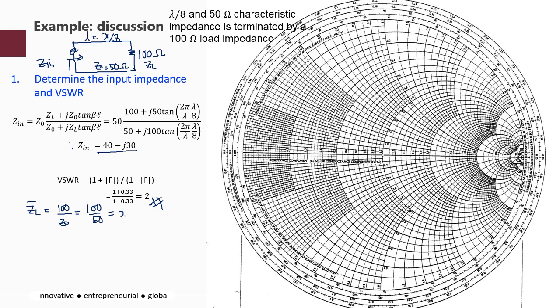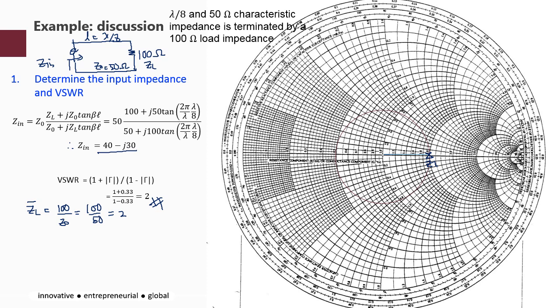Then plot the ZL on the chart. Your ZL equals 2, and there's no imaginary part, so it's 2. Here is your normalized ZL, and then as usual draw the SWR circle.